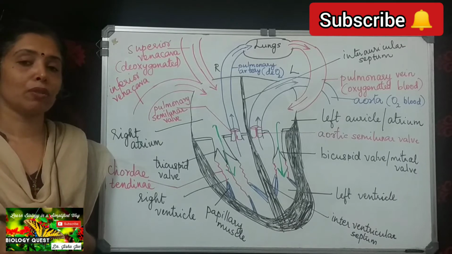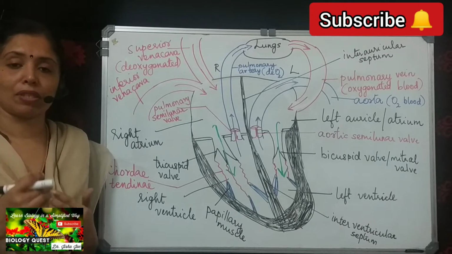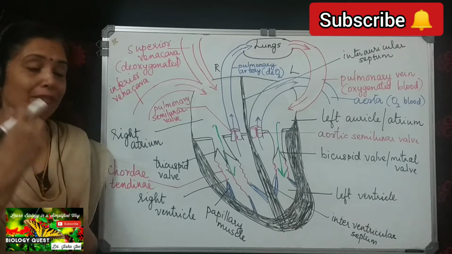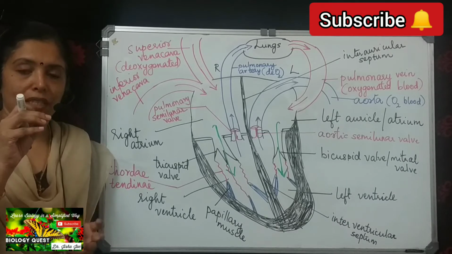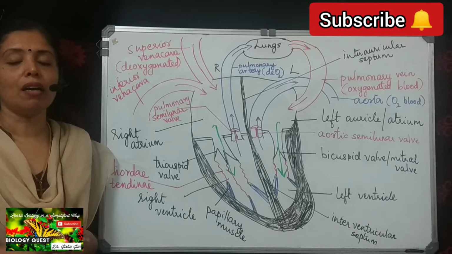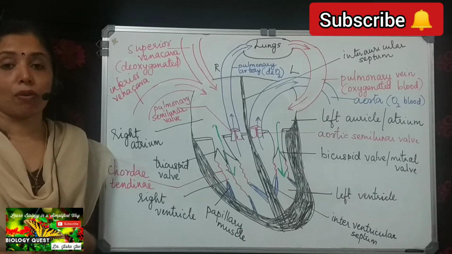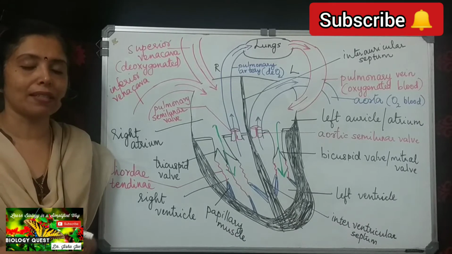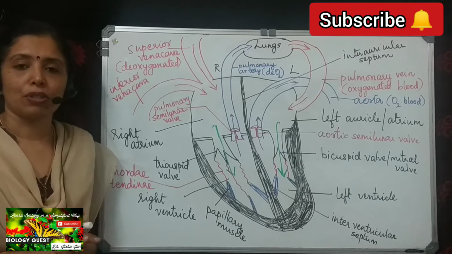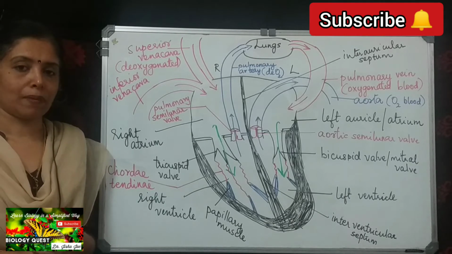We know where the aorta arises. The aorta arises from the left ventricle, and at the base of the aorta we can see the coronary artery arising. It is this coronary artery that supplies oxygenated blood to the muscles of the heart.